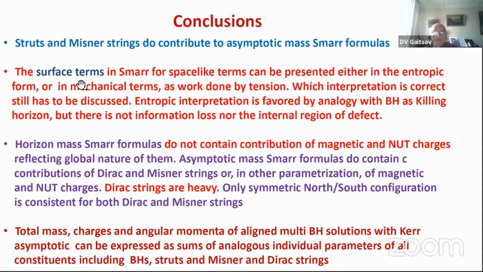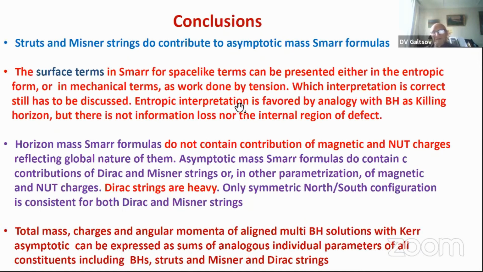And the big question is whether there are reasons to interpret this as entropies, or just in mechanical terms, because if you deform this configuration, you also do mechanical work. So it is still to be discussed.